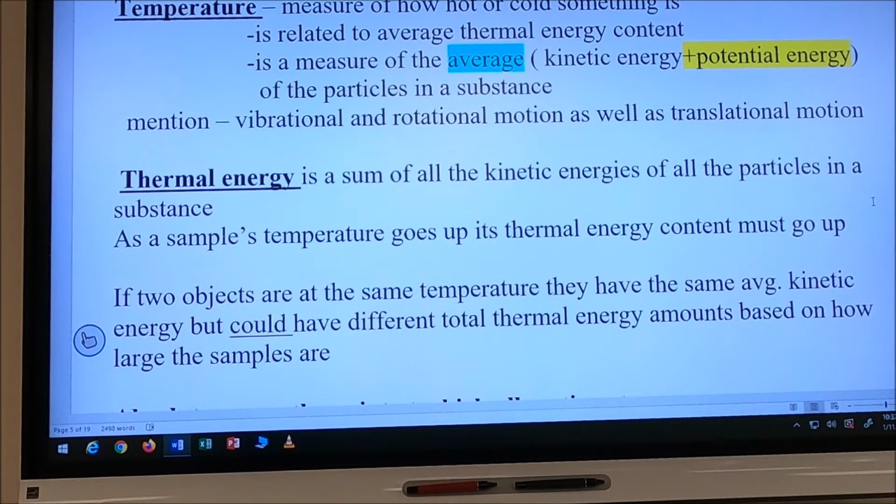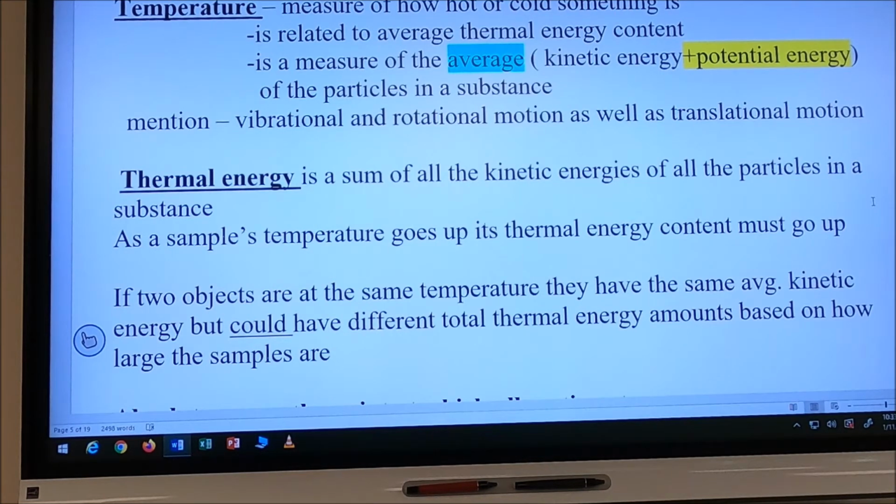All right. Thermal energy is the sum of all the kinetic energies of all the particles in a substance. So as temperature goes up, the thermal energy content goes up. Or you could say that as thermal energy content goes up, the temperature goes up. They're directly related because temperature is related to thermal energy content.